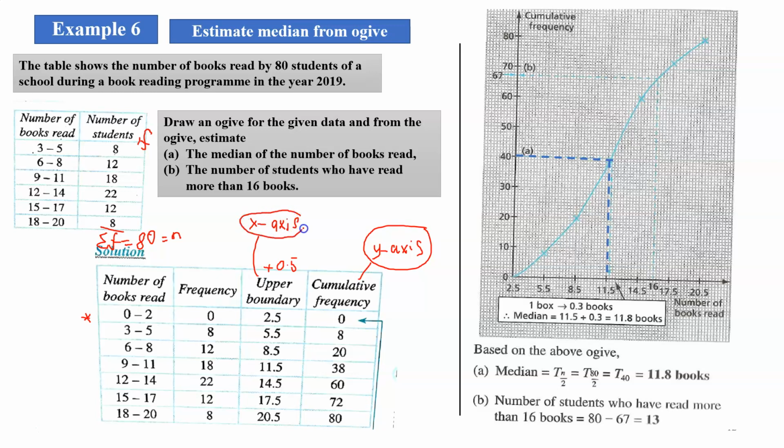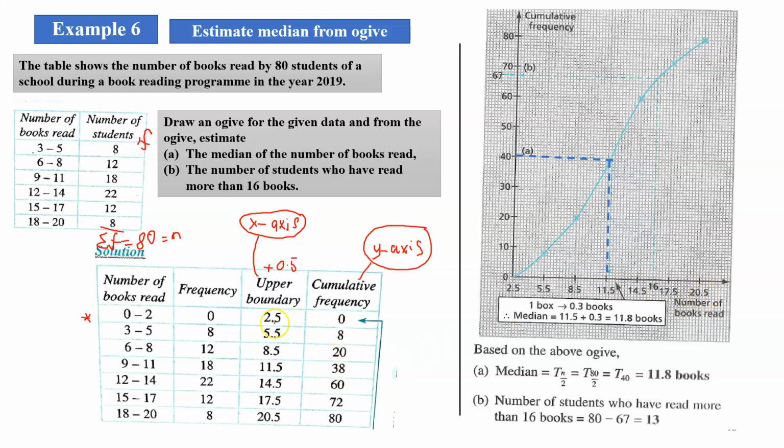So you know which is which when you draw your OGIF. Okay. So this is your cumulative frequency. Tadi tu kita dah kira, and then the number of books read, tapi dalam bentuk boundary. Dia ada 0.5 kan. You start from 2.5, 5.5, 8.5 sampai 20.5.